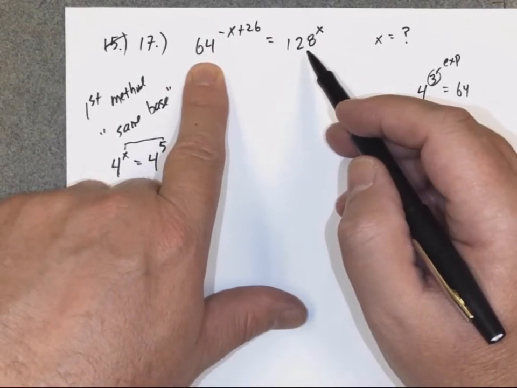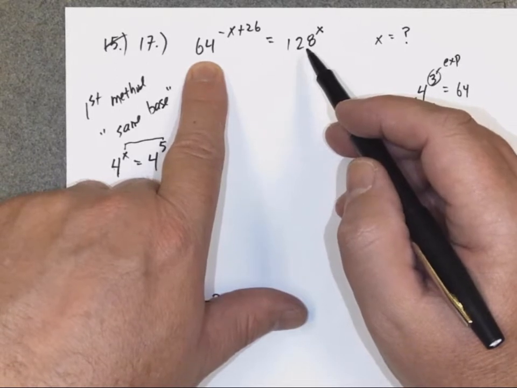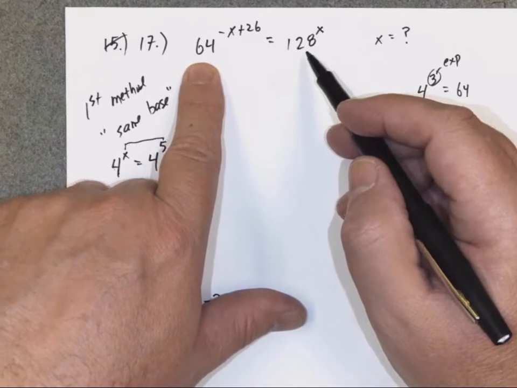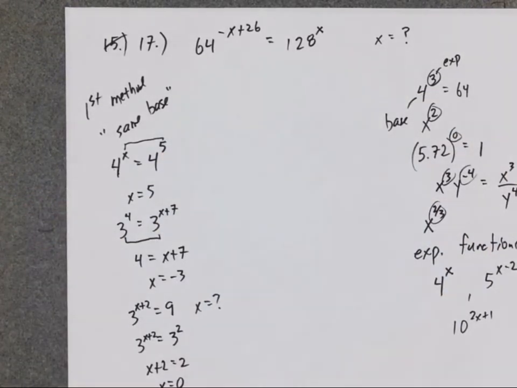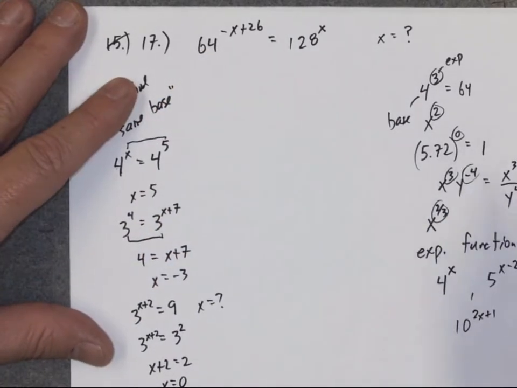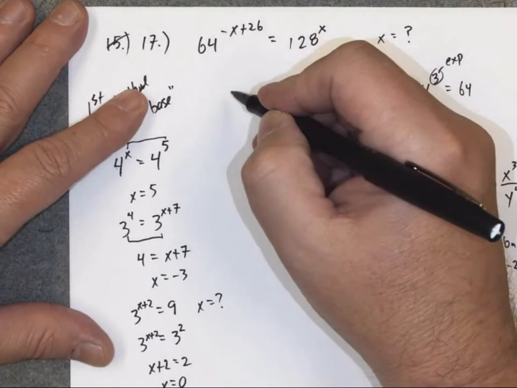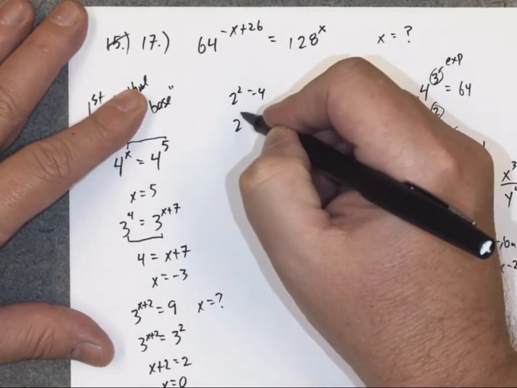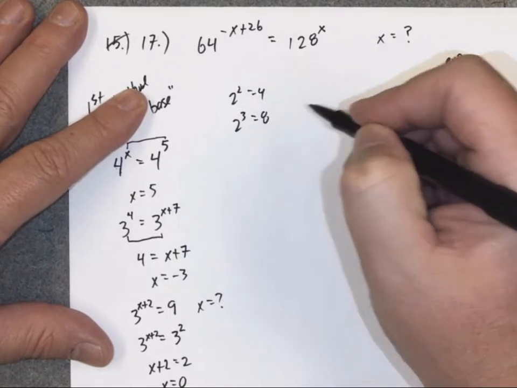But then I think to myself, I wonder if I can somehow change one or both of these to get the same base. Now this is something where it just takes some experience with math, because I realize, if I take 2, like what is 2? What's 2 squared? It's 4. What's 2 cubed? 8.